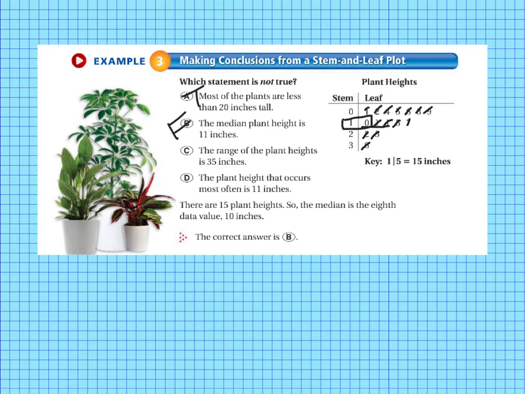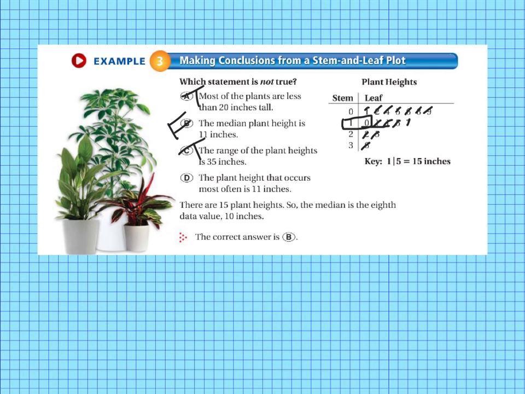But let's double check and make sure that we got it right. The range of the plant heights is 35 inches. So 36 was our highest value, and 1 was our lowest value. So 36 minus 1 is 35. So that one's true. And the plant height that occurs the most often is 11 inches.